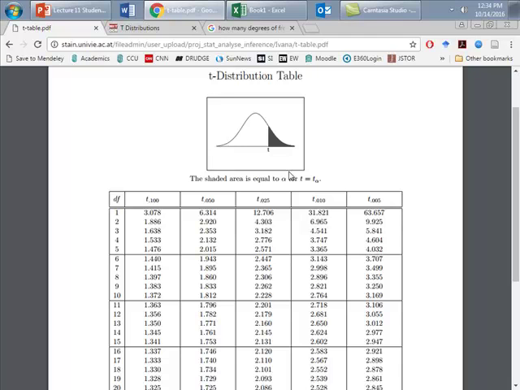Why? Because everybody else uses that number. Unless you're doing a homework question and it tells you with which percentage to be sure, whether it's 90% to be sure or 99% to be sure. If you always have a choice, pick that 95% and pick that middle column. Does that make sense?